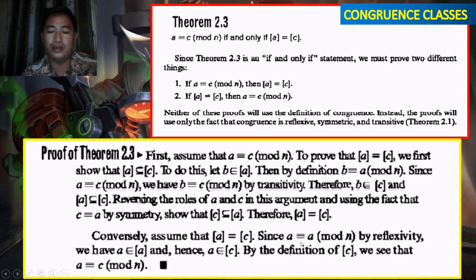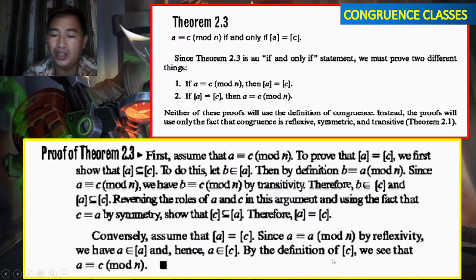Since A is congruent to A mod N by reflexivity, Theorem 2.1 number 1, A is an element of the equivalence class containing A. Since the class of A is equal to the class of C, A is also an element of the equivalence class containing C.